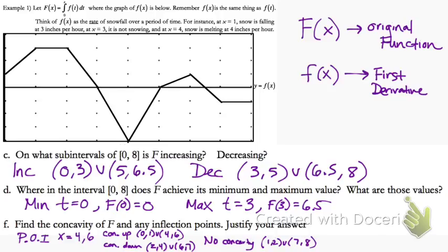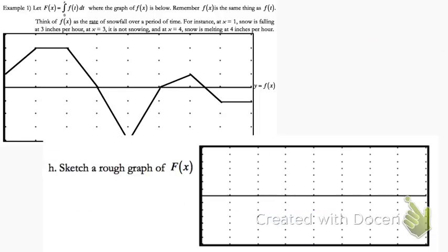All right, so we get to sketch a rough graph of what f of x looks like. And I want you guys to use the points from part A. So I want you to actually plot them here now.